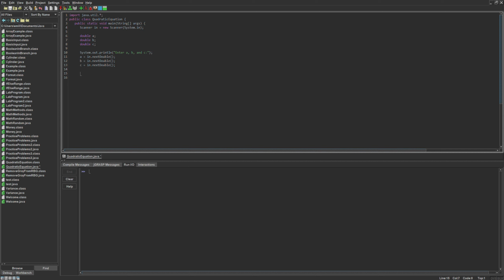Now that we have values for a, b, and c, we need to start making our formula for what x equals. First, I'm going to write a variable for the discriminant. Again, the discriminant is equal to the inside of the square root, and that's b squared minus 4ac.